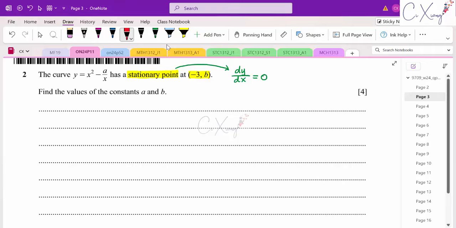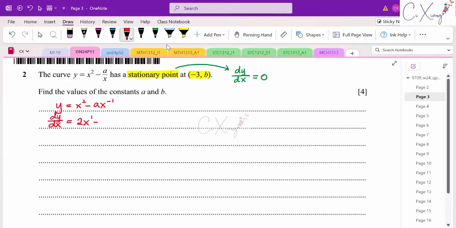So we'll start from our y first. I have y equals x squared, then minus a. I will bring up the x to become x power negative 1, so that it is easier for me to do the differentiation. Then let's discuss the differentiation here. So I want to find dy/dx. To find dy/dx for x power 2, you put the power in front, copy the x, power minus 1 becomes 1.